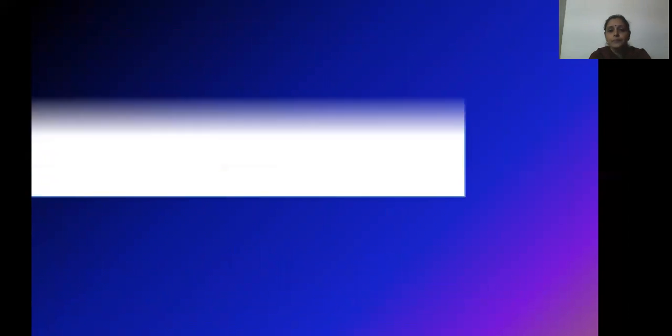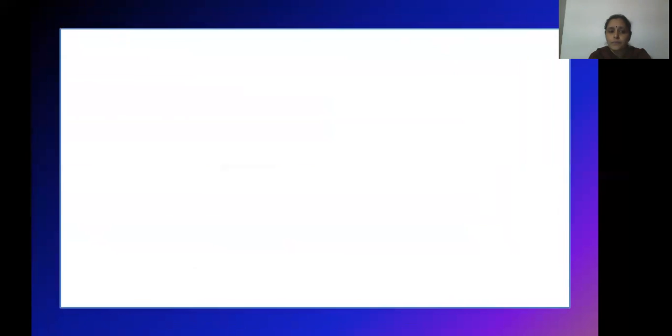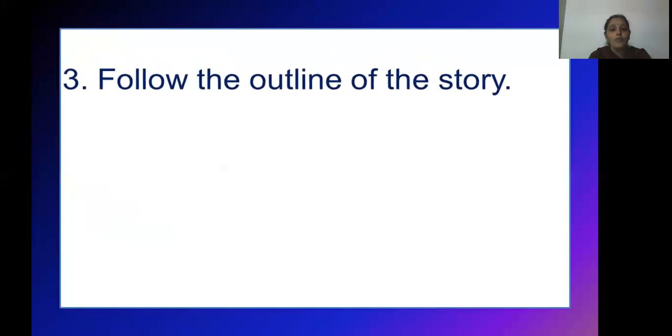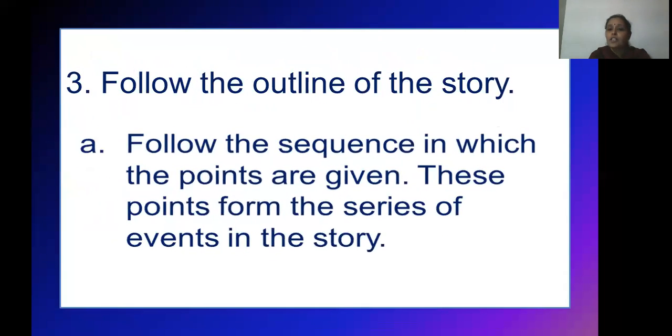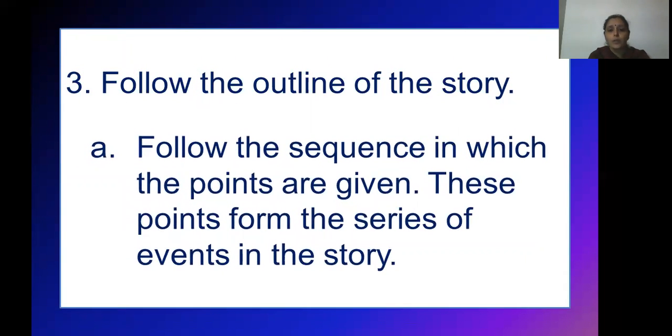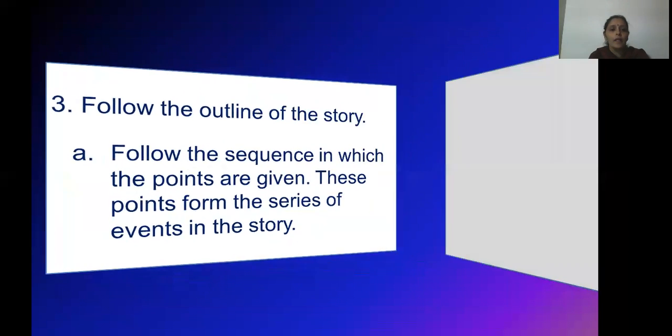The third point is to follow the outline of the story. Don't change the order. Whatever is the outline of the story has to be written in the same order. So follow the sequence in which the points are given. These points form the series of events in the story.